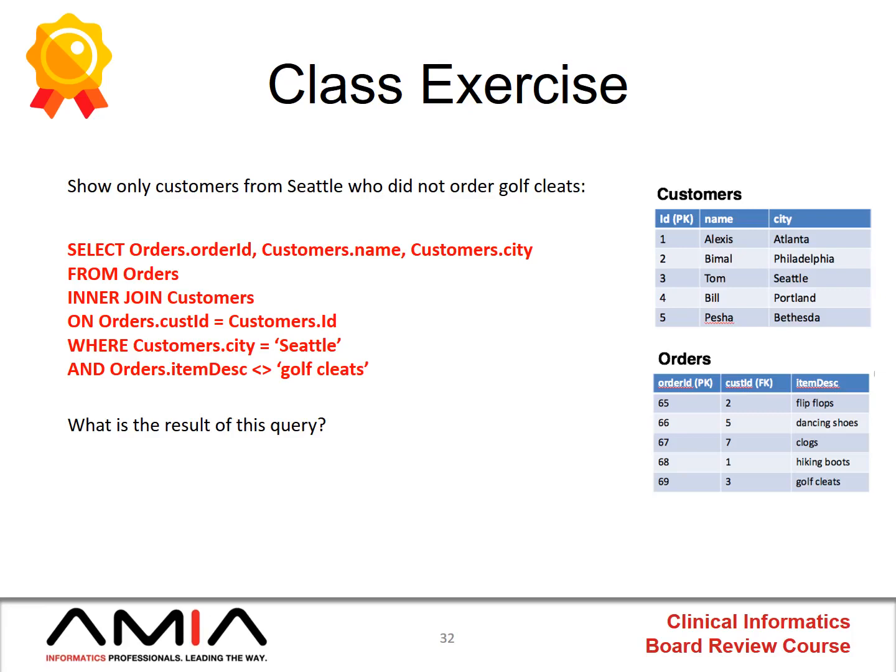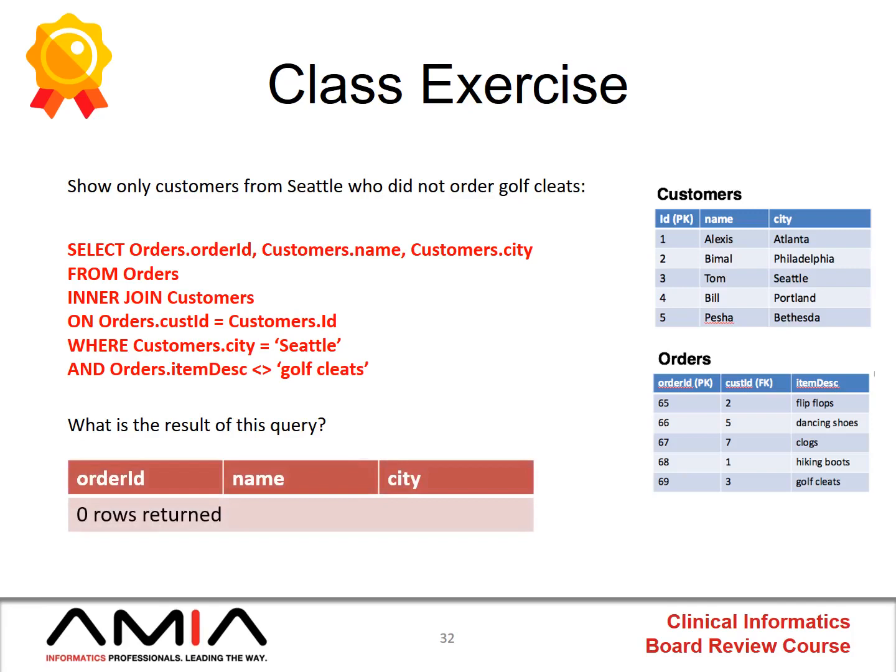So in this case, what I do is where customers.city equals Seattle and orders.item description, and then I use the less than, greater than sign to mean not equal, orders.item description is not equal to golf cleats. And what would this return? You guessed it, nothing. There are no rows that satisfy these constraints. There's no tuple where the customer is from Seattle but did not buy golf cleats.